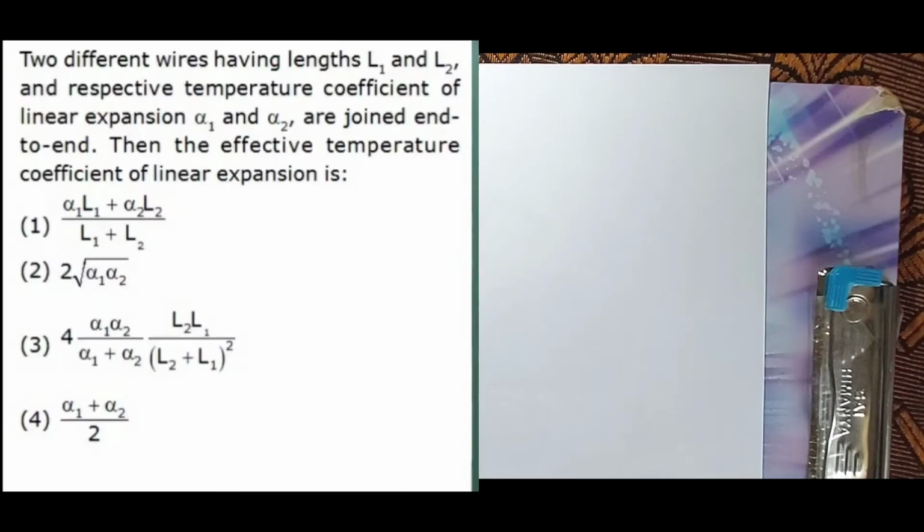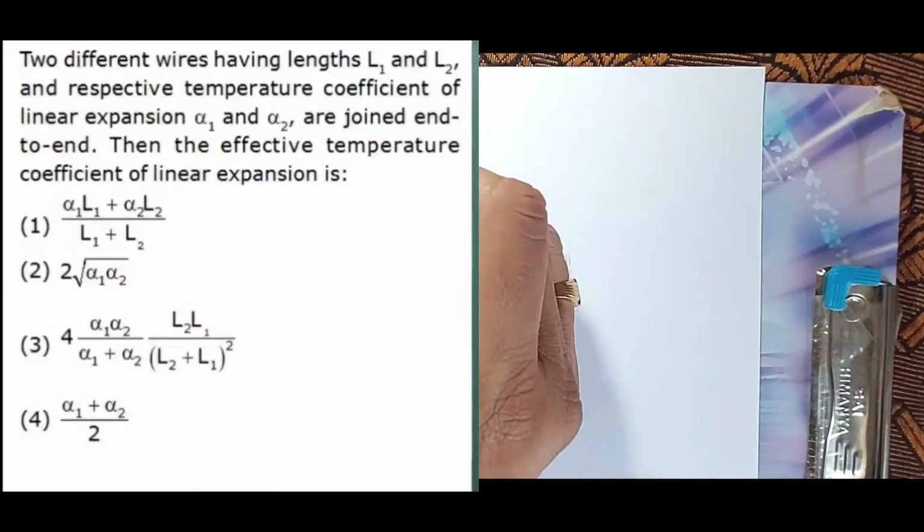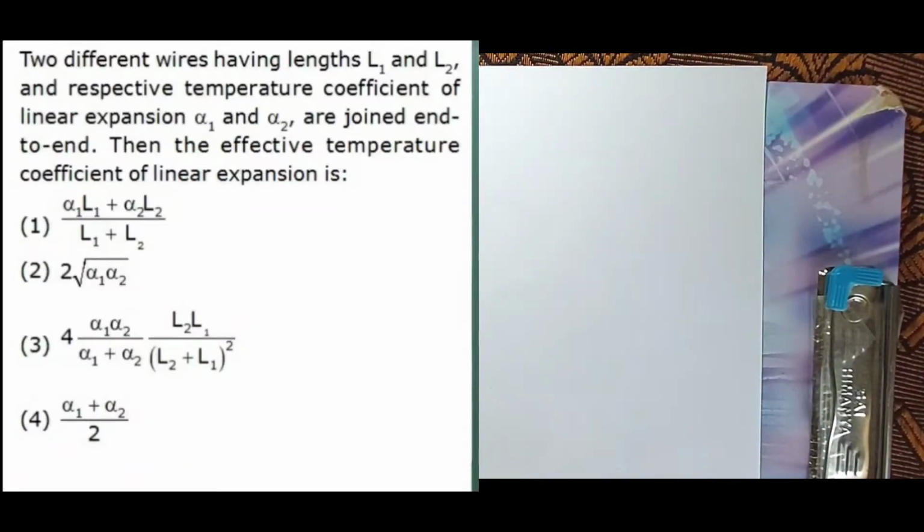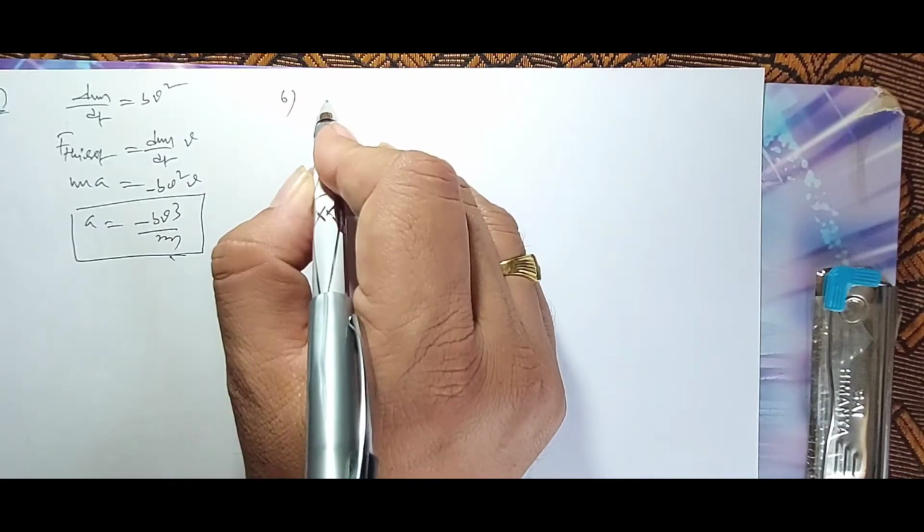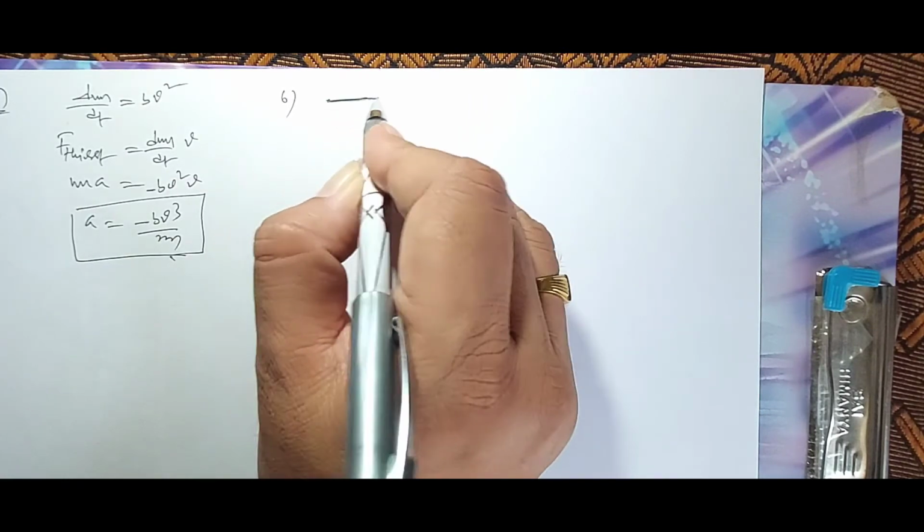There are two different wires having lengths L1 and L2 and respective temperature coefficients of linear expansion alpha 1 and alpha 2, joined end to end. Then the effective temperature coefficient of linear expansion is? So these are the two wires.